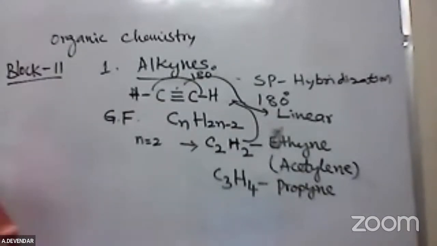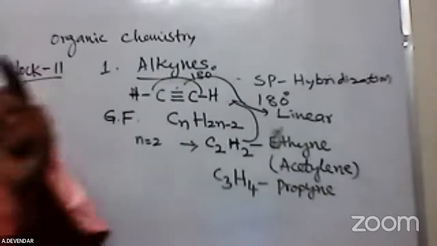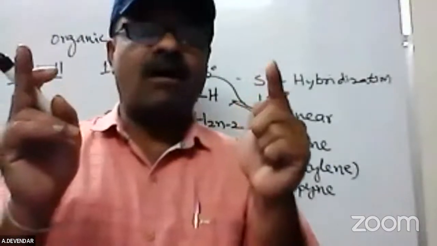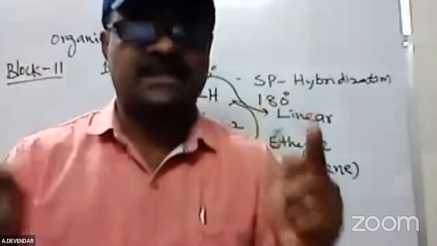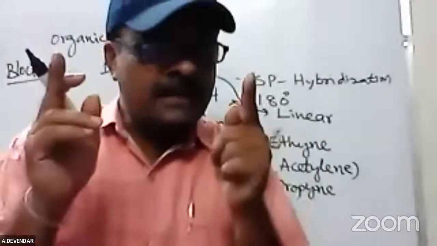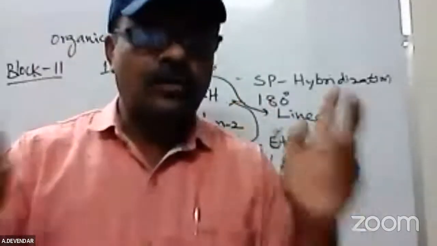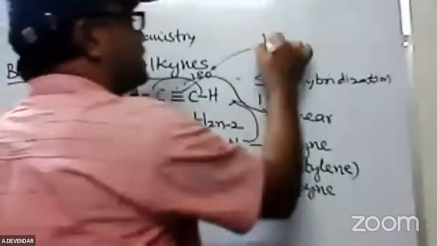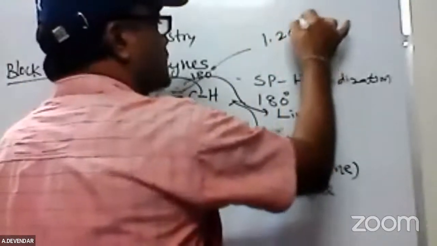Now the bond length of the triple bond. The carbon-carbon single bond length in alkanes is 1.54 angstroms. The carbon-carbon double bond length is 1.34 angstroms, and the carbon-carbon triple bond length is 1.20 angstroms.